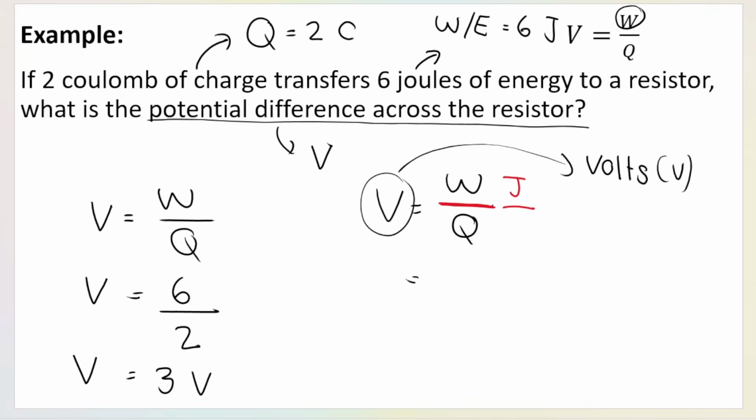What's the unit for Q? Charge. We've got joules divided by charge. If you take charge to the top of the fraction, remember this has an exponent of 1, if we bring that to the top, it's joules per coulomb. So the unit volts is the same as the unit joules per coulomb.